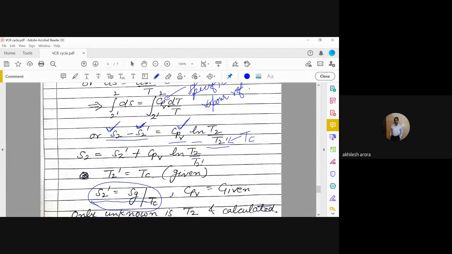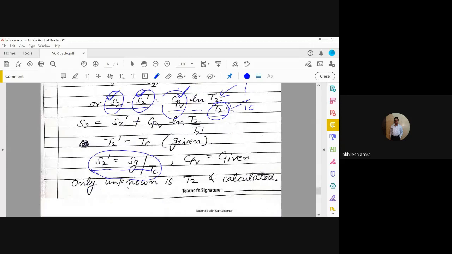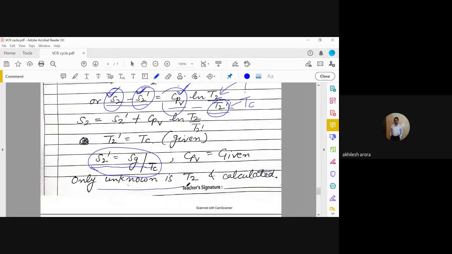So I know all the values S2, S2 dash, CPV, and T2 dash. Four values are known to me. Only unknown is T2. So using this equation, I can calculate the value of T2.